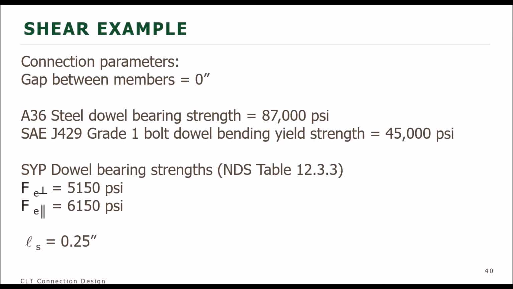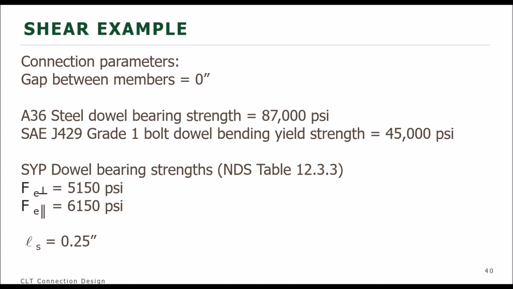Some connection parameters. Technical Report 12 has a benefit over the NDS yield mode equations in that your members are not required to be in direct contact. There actually can be a gap between the two members, and the equations in Technical Report 12 are designed to accommodate that gap.